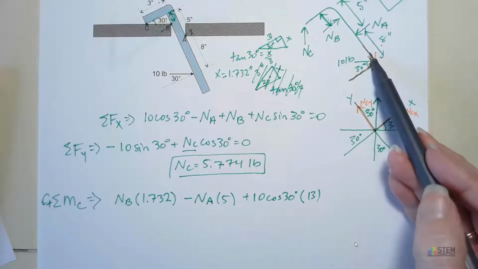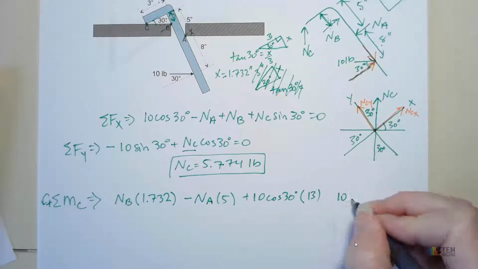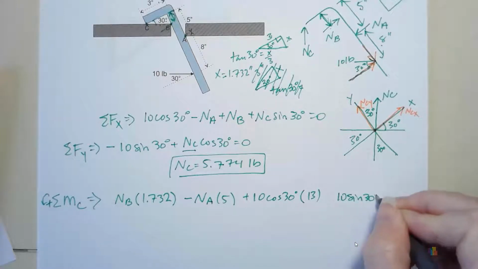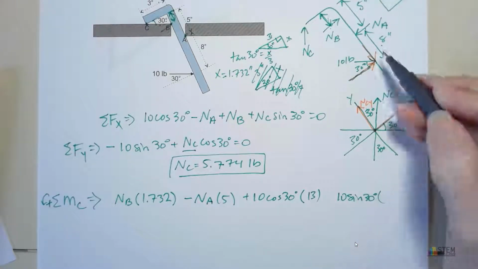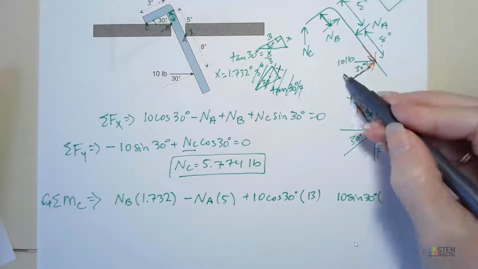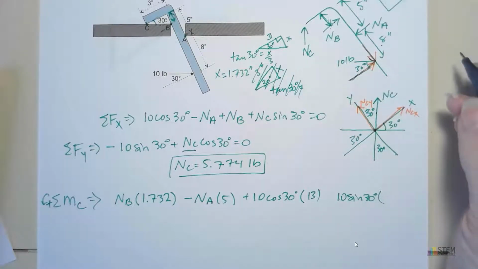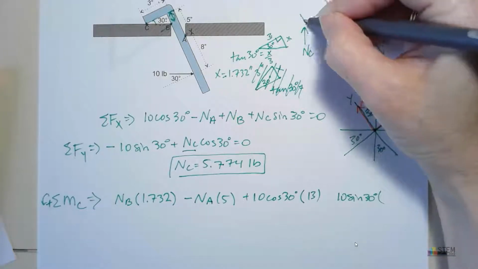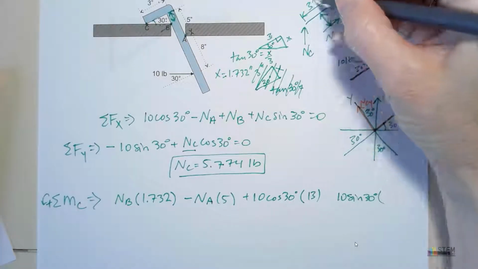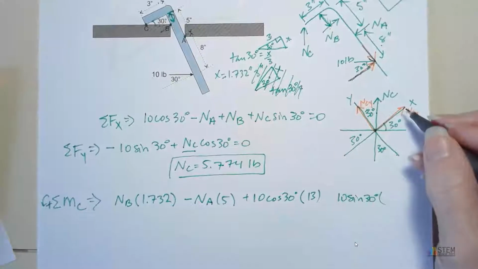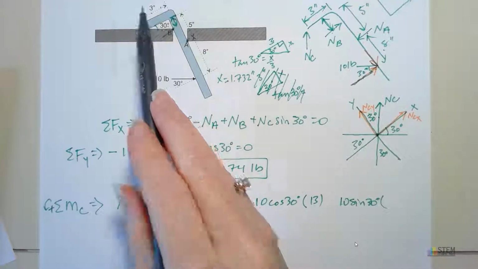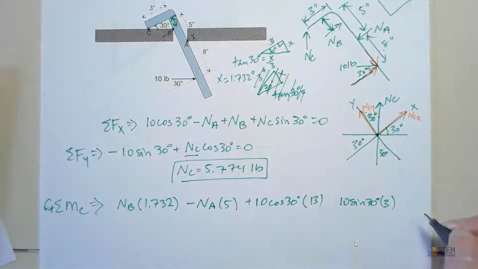The y component, we got 10 sine 30. Now we want to bring it this way. That length, what do you think it should be? Hopefully you said 3, because if you look in the picture, we've got this 3 here. That distance will be 3. Is that positive or negative?